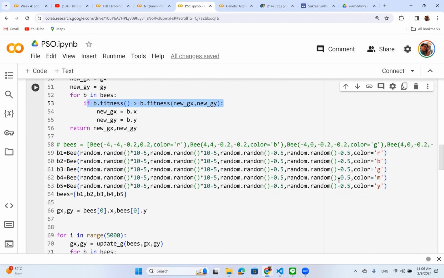So I start the bees randomly scattered from minus 10 to 10, minus 5 to 5, and then store it here.